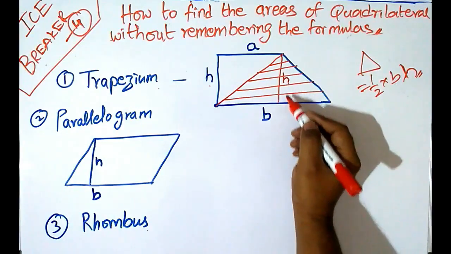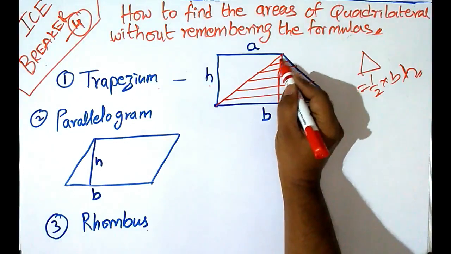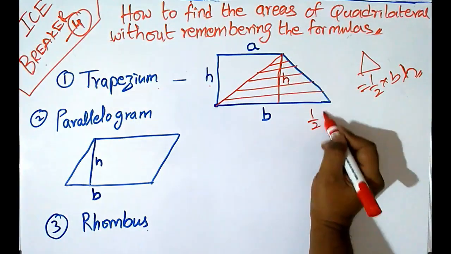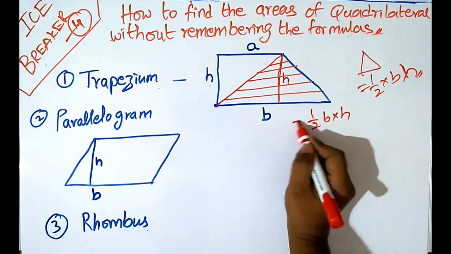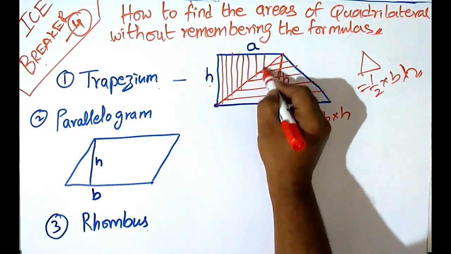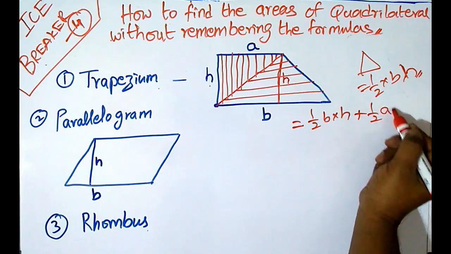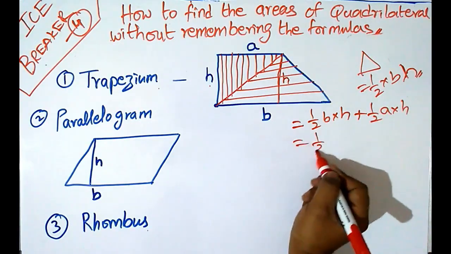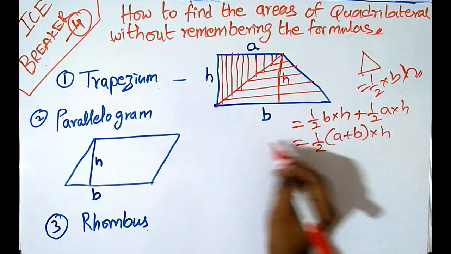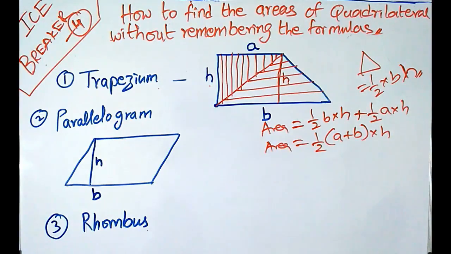By this we can get the area of this triangle, which is nothing but half base into height, and you can also find this area, plus half a into h, which is nothing but half into a plus b into h. This is how you are going to find the area of the trapezium.